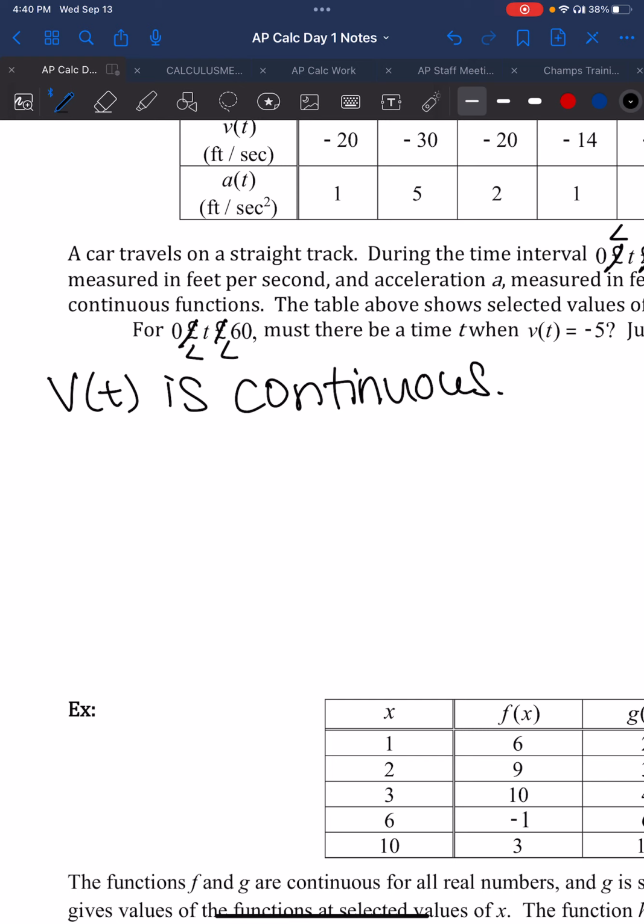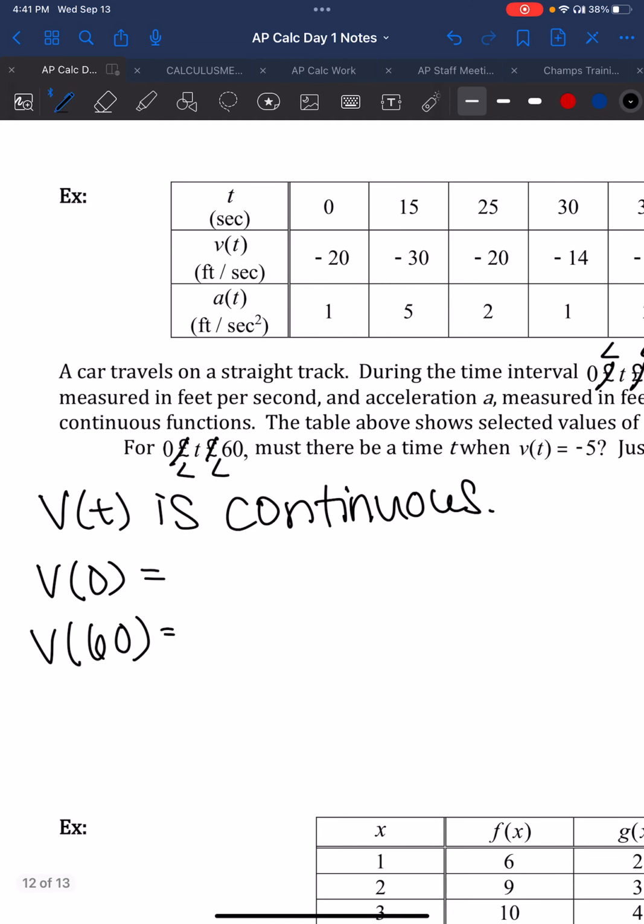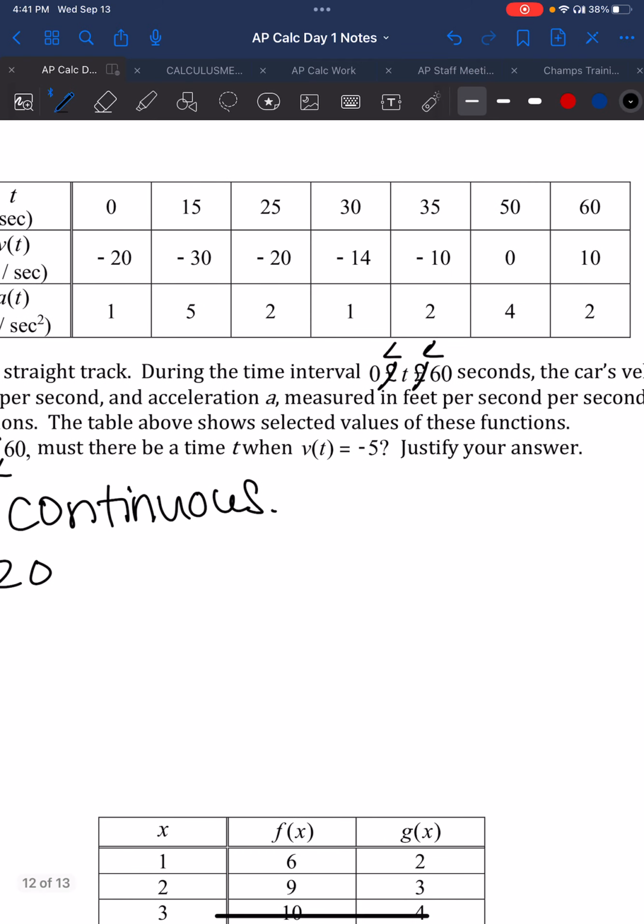Okay, now we need to look at v of 0 and v of 60. When I am at a t value of 0, v of t happens to equal -20. So we get -20 for the top. On the other hand, when t equals 60, v of t is going to equal 10.